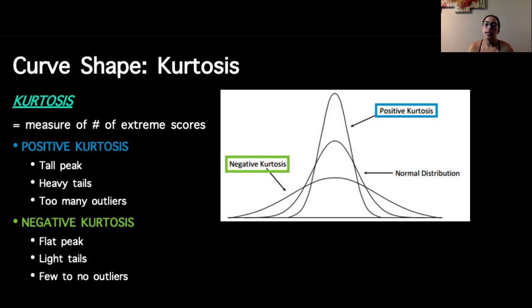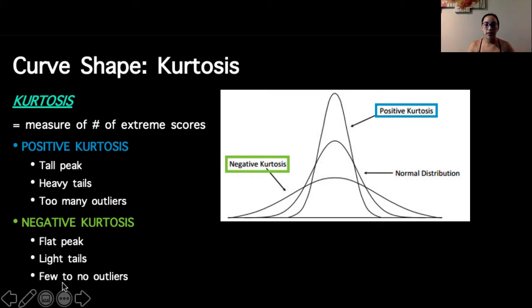Negative kurtosis is the opposite of that, where the peak is more flattened, okay? And in this instance, the curve in general is just more of a flat shape. So flat peak, light tails, meaning that they float off of the x-axis, right? And we don't really get that dip back down on either side. It's just kind of like flat.